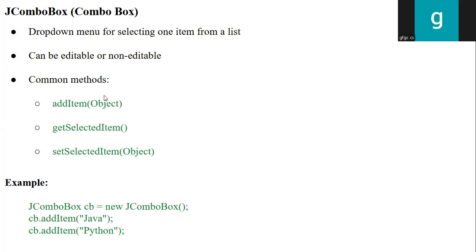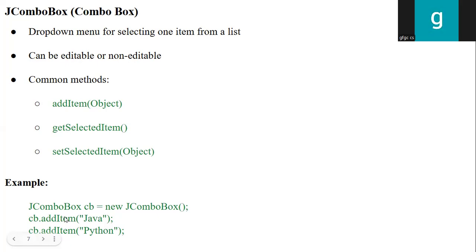Common methods for the combo box are addItem and getSelectedItem. Because I have to select one particular item from the list, I need getSelectedItem. And setSelectedItem with an object. The selected item I should put in a different list, and for that I need this one.